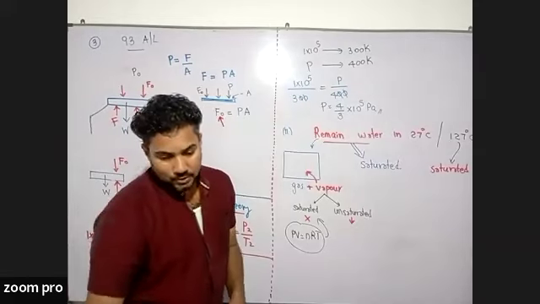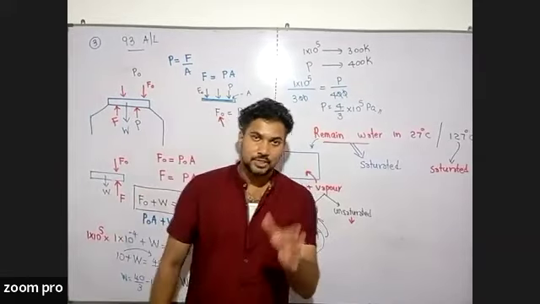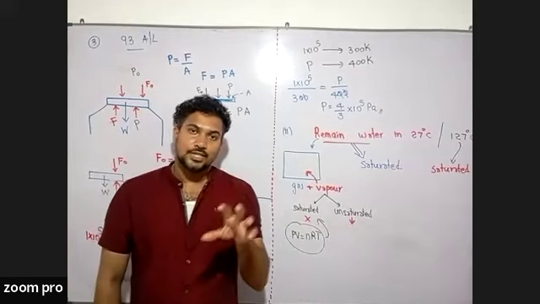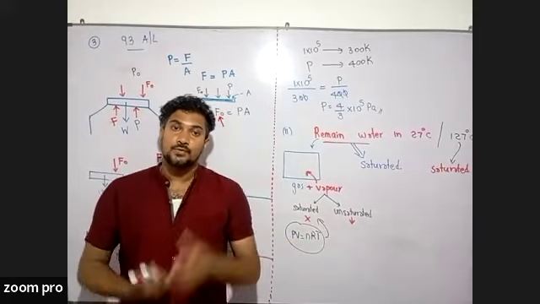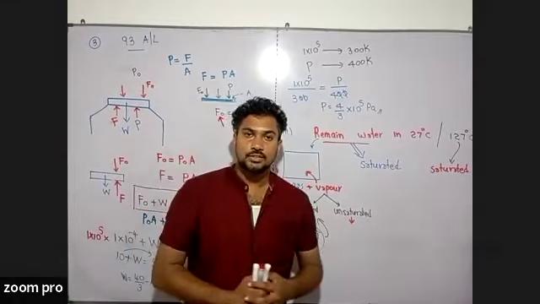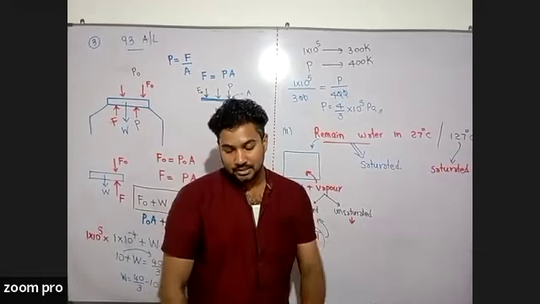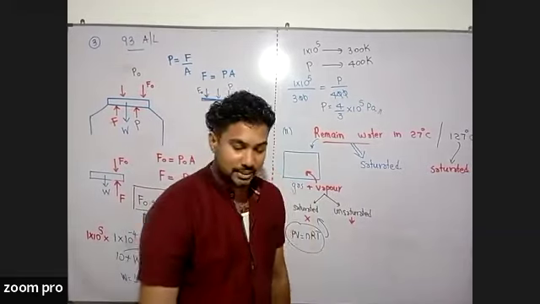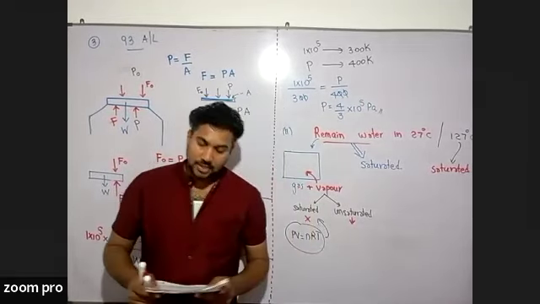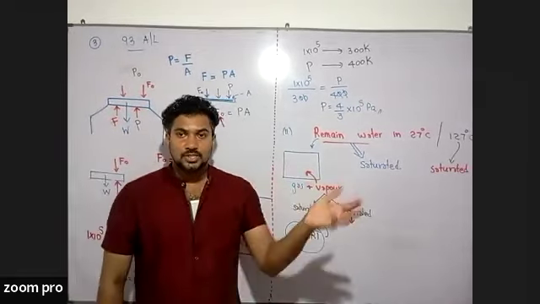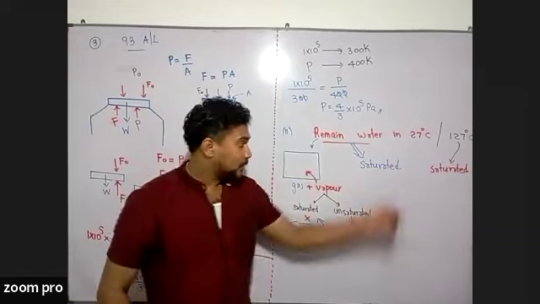Okay. Now, there are some exceptions: even if there is an unsaturated vapor in a particular space, we do apply the equation for saturated vapors, but there are some special things to be noted. I'm not going to discuss those in these questions, but keep that in mind.